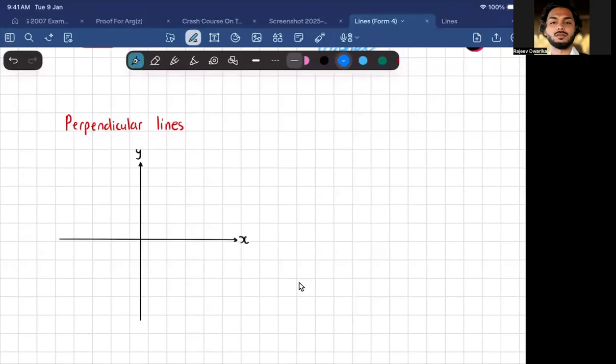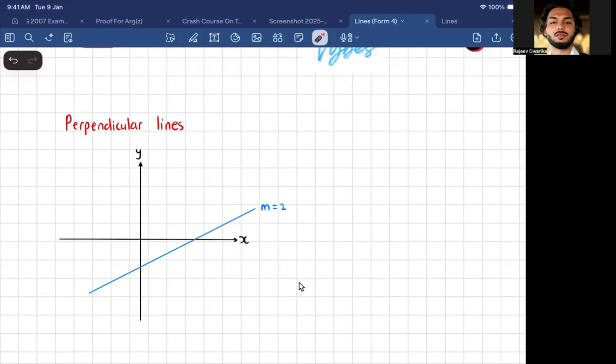So if I draw this line over here, this blue line, we could say that this has a gradient of 2. A line perpendicular to that would be looking like that. You understand? Because it's 90 degrees to the first line. That's what we mean by perpendicular.